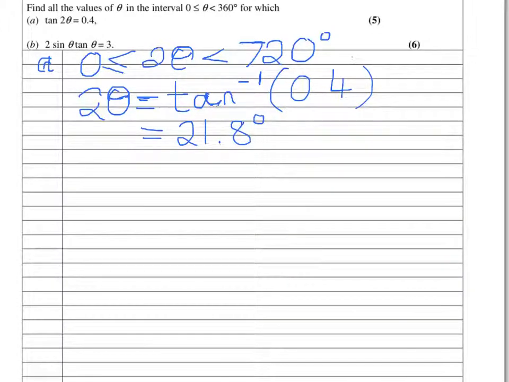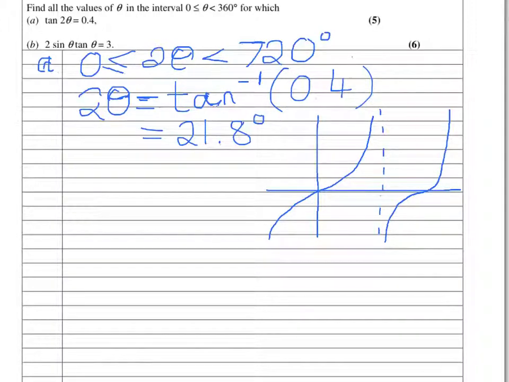I'm just going to draw myself a tan graph, sorry, not trig graph. And just get in the general shape. Then there's an asymptote. Another asymptote. You can see that my drawing is by no means perfect, but it is still going to be helpful for me.